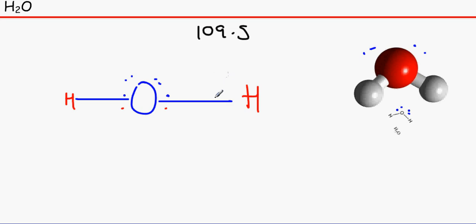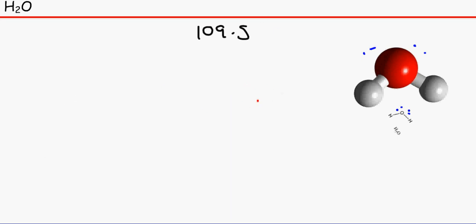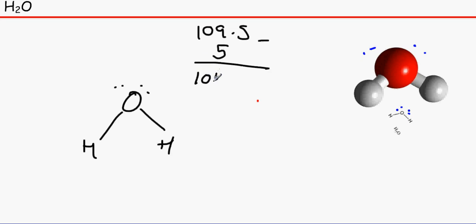So therefore, the molecule will not look like this, but actually it would look like this. And please remember to draw the lone pairs as well on either side, would be nice. And 109.5 minus 5 degrees will give us 104.5.